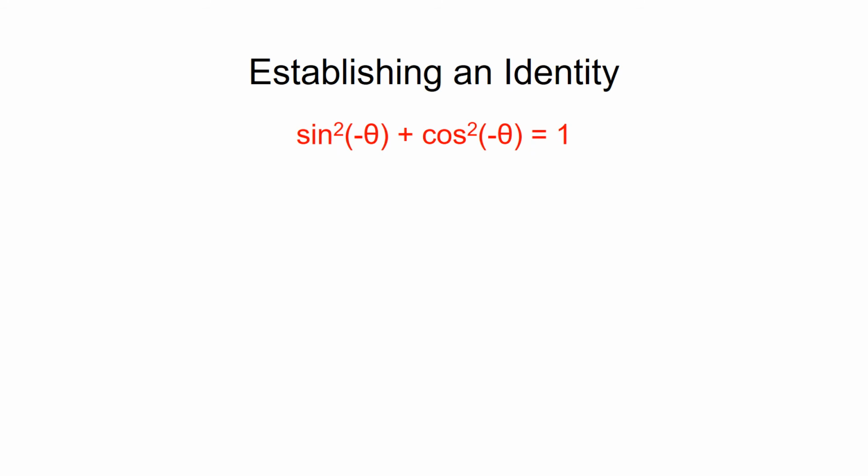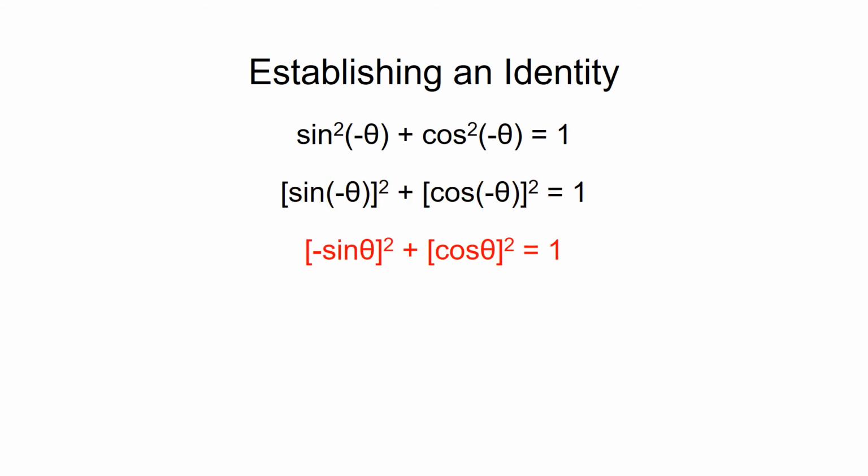Here's another identity we would like to establish. We begin with the equation sine squared of minus theta plus cosine squared of minus theta is equal to 1. We rewrite the equation so that it's clear that the trig functions are both squared.